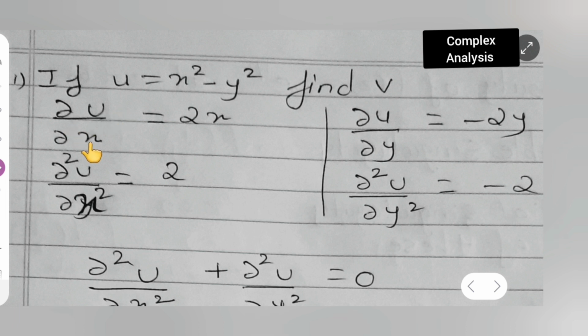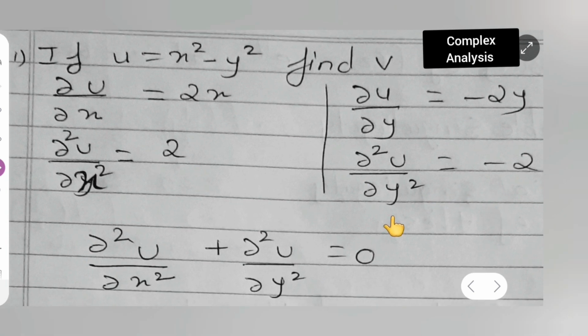So dou u by dou x, differentiate u with respect to x and I will get 2x. Now again differentiate with respect to x, you are going to get 2. Now differentiate u with respect to y, I will get minus 2y. Again differentiate with respect to y, I will get minus 2.